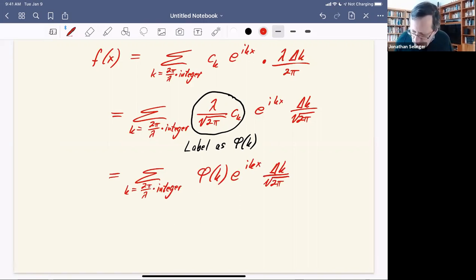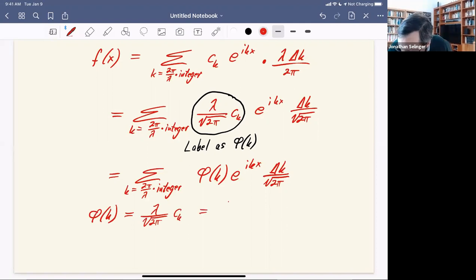And then I have my complementary equation that says what the coefficients are. Now I want to know what the phi of k's are. Phi of k is lambda over root 2 pi times c sub k.